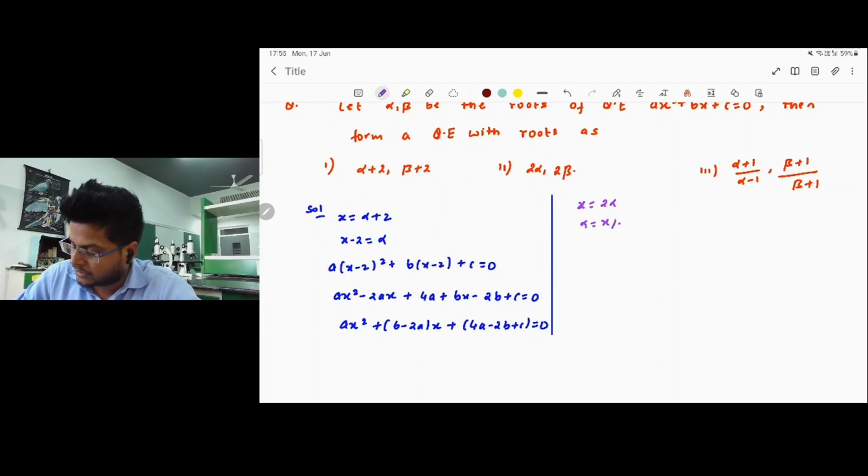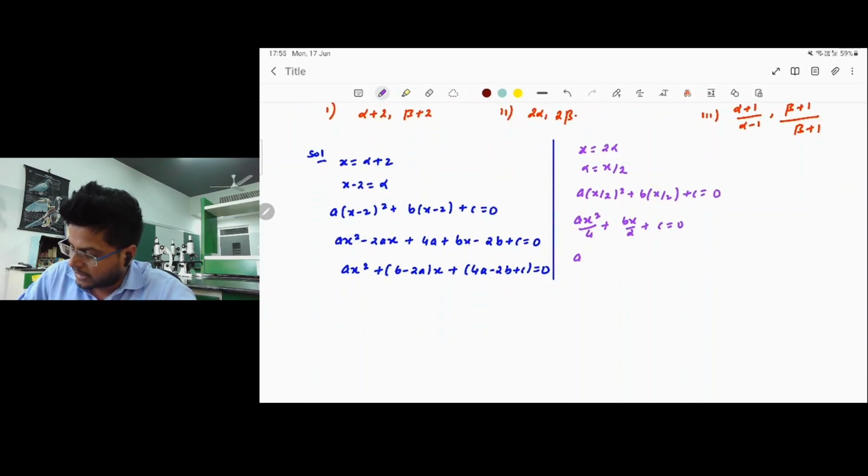So alpha equals how much? X by 2. So when we go root-wise, what will we get? A times x by 2 whole square, b times x by 2, and plus c equals 0. So when you simplify this, you will get ax square by 4 plus bx by 2 plus c equals 0. Or ultimately, we will get ax square plus 2bx plus 4c equals 0.